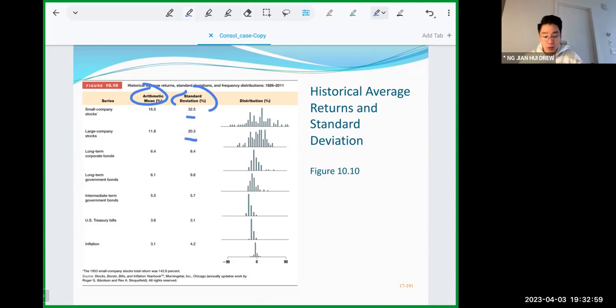When the total risk is higher, the mean returns are higher. So there's a nice kind of relationship, and this is exactly what we see here. So higher standard deviation means higher total risk. Higher total risk means higher mean returns. So that's the relationship.